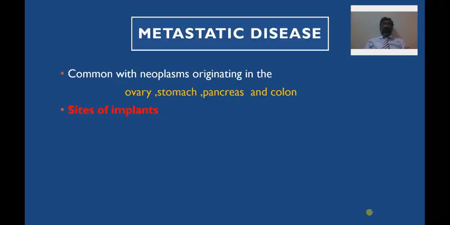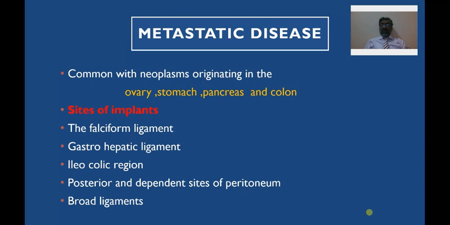Common metastatic diseases which can involve the peritoneum are from the ovary, stomach, pancreas, and colon. The sites of implants are the falciform ligament, gastrohepatic ligament, ileocolic region, posterior dependent sites of the peritoneum, and broad ligaments in the case of females.